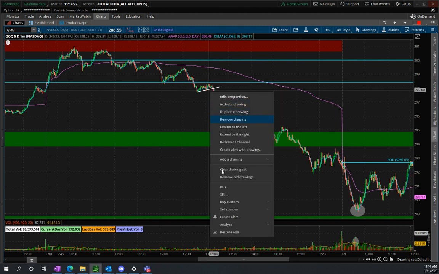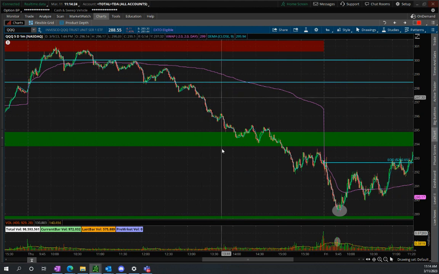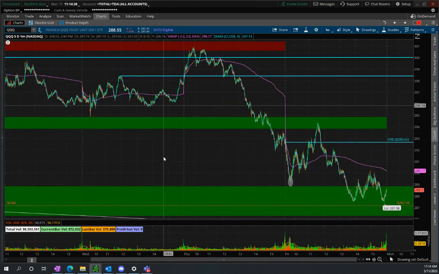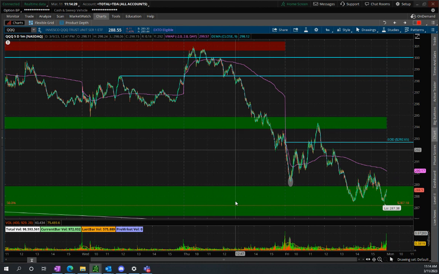I just want to mention something for new traders who may be looking at these zones and thinking, that looks too easy, or how can I guarantee that this is going to work for me every time? You definitely cannot guarantee that it's going to work, but you cannot start building your edge until you start acting on your intuition.